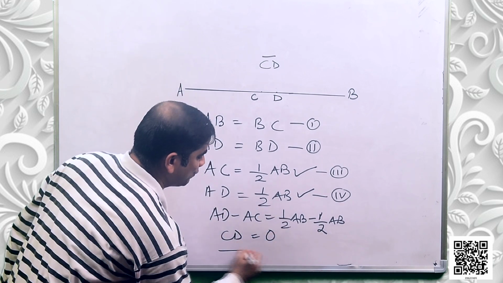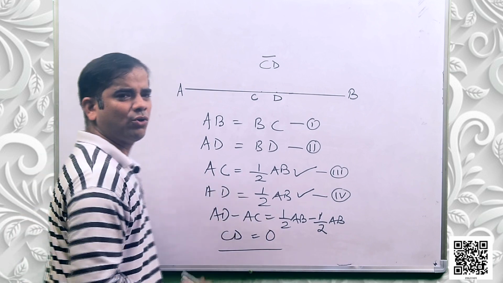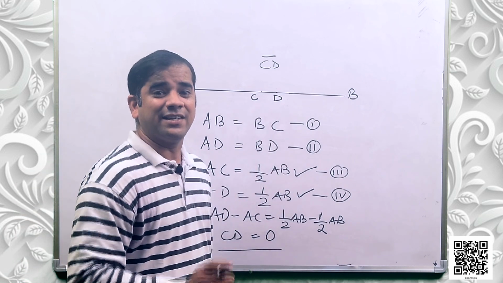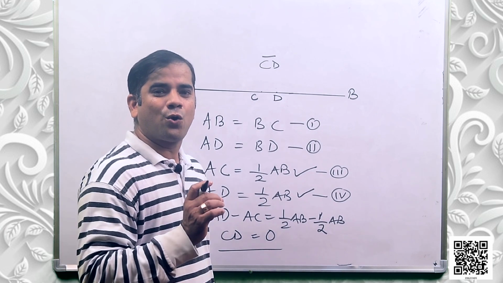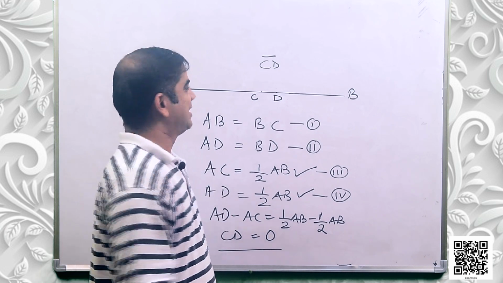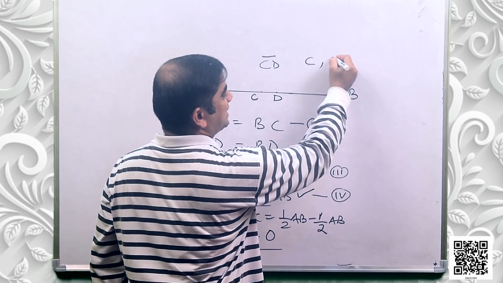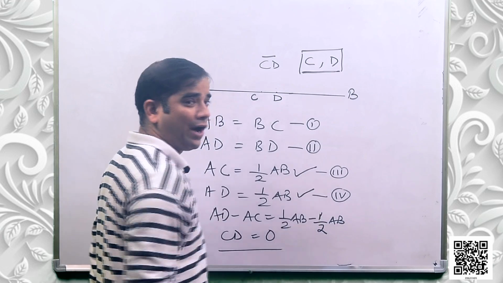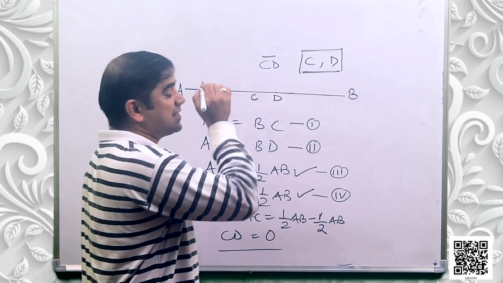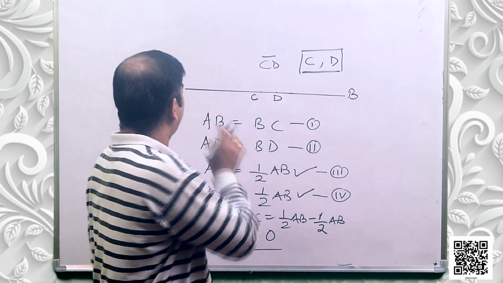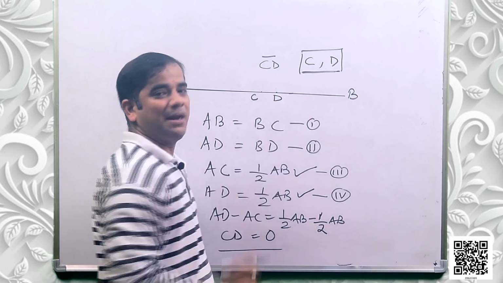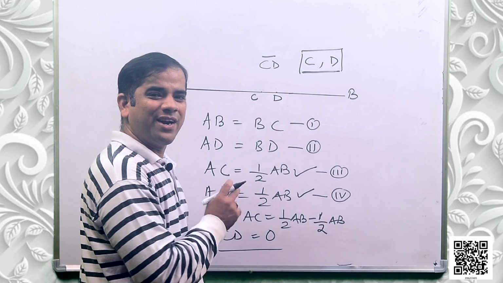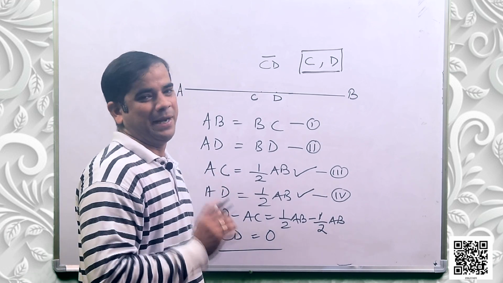But we have proved that CD is equal to 0. That means it is not a line segment at all. That means C and D coincide with each other. So point C and point D are nothing but a coinciding point. That means there is a single midpoint of line segment AB. Hence we have proved that every line segment has one and only one midpoint.